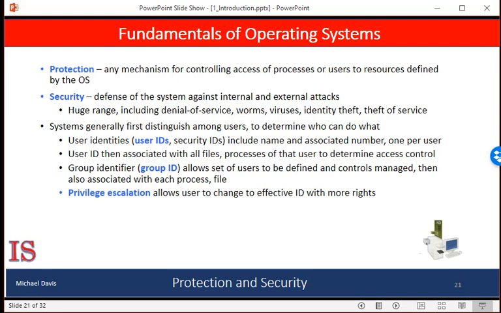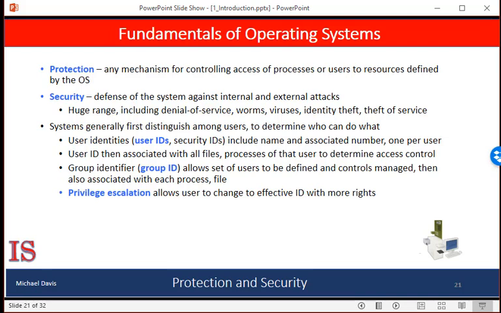Early detection of interface errors can often prevent contamination of a healthy subsystem by another subsystem that's malfunctioning. Furthermore, an unprotected resource cannot defend against use by an unauthorized or incompetent user. A protection-oriented system provides a means to distinguish between authorized and unauthorized usage.